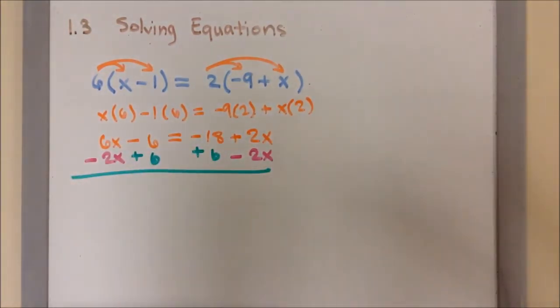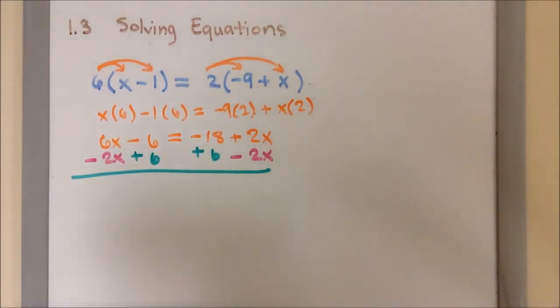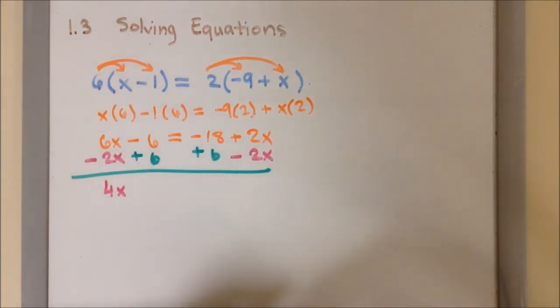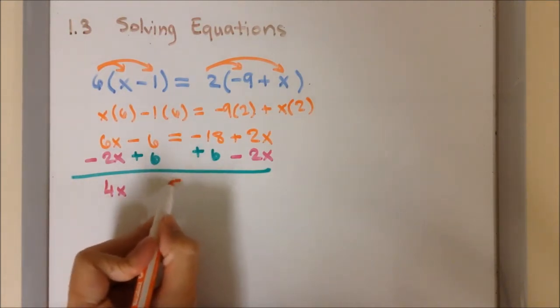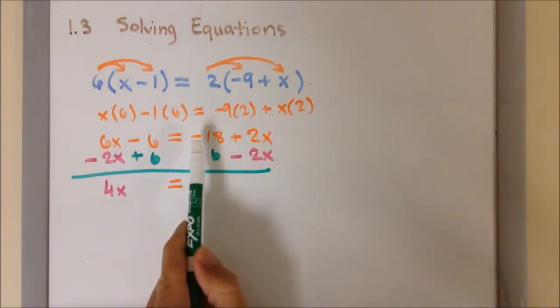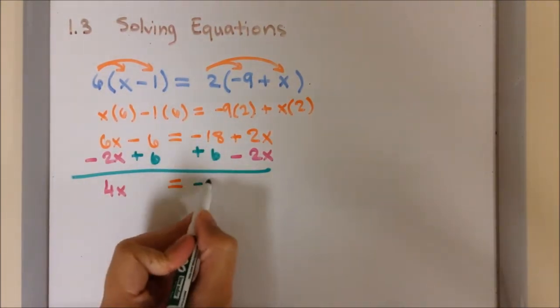Alright. 6x minus 2x becomes 4x. Don't forget my equal sign. And then negative 18 plus 6 becomes negative 12.